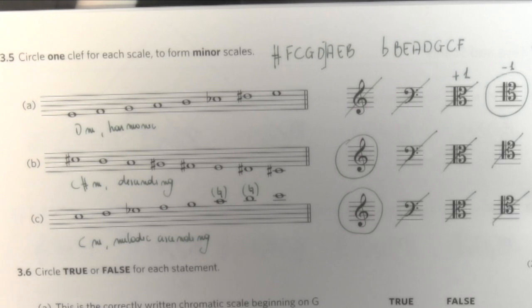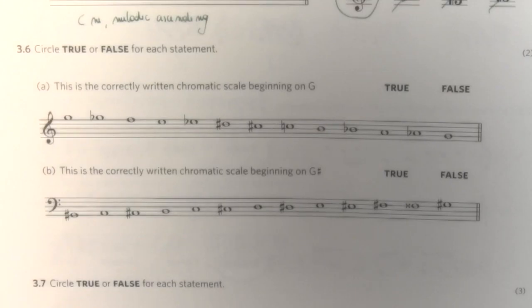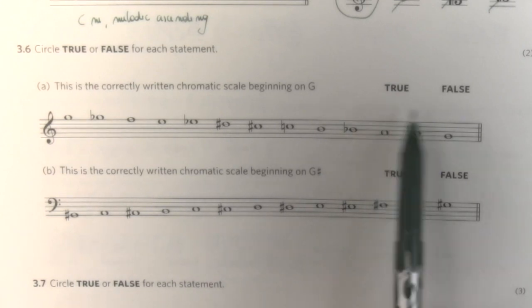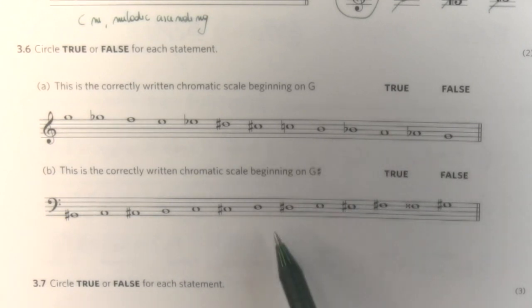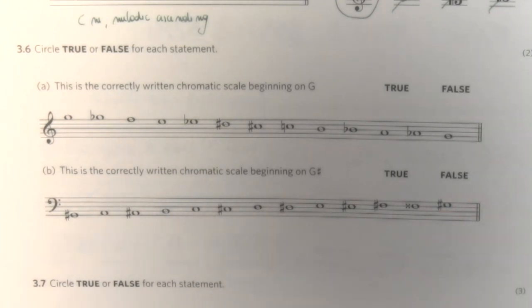Yeah. Okay. Question 6. In this question, we need to circle true or false for each of the chromatic scales to say that they are correctly or incorrectly written.